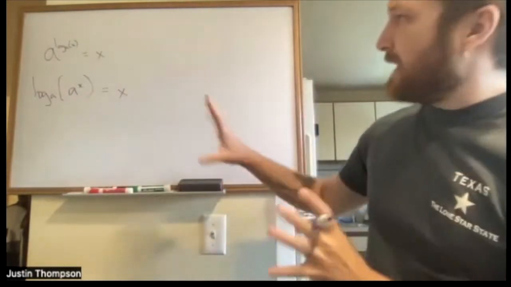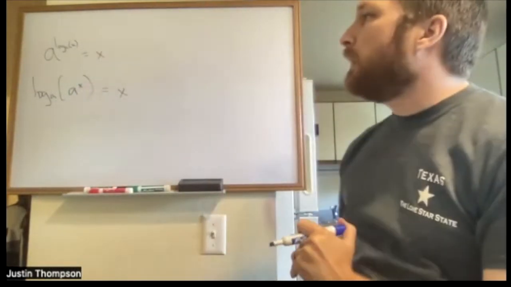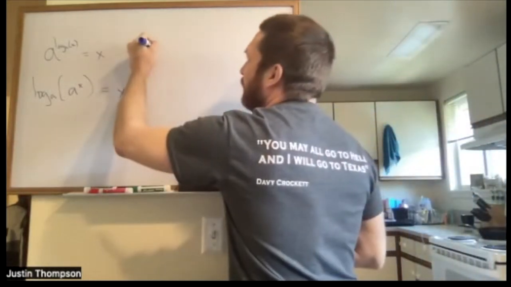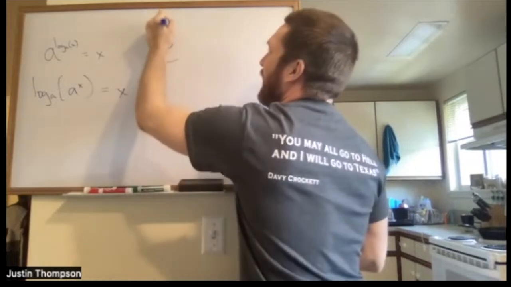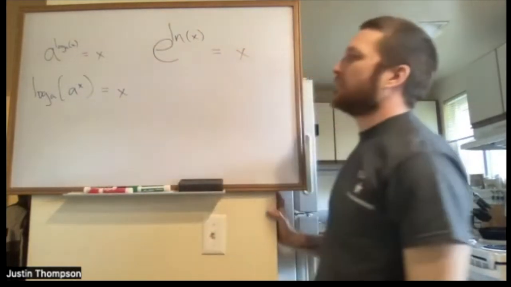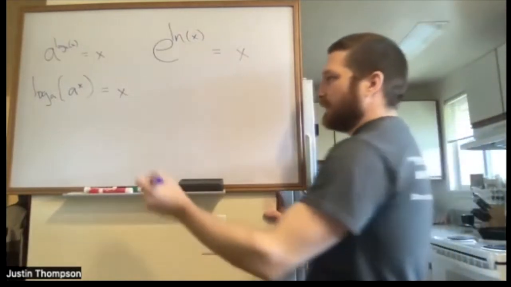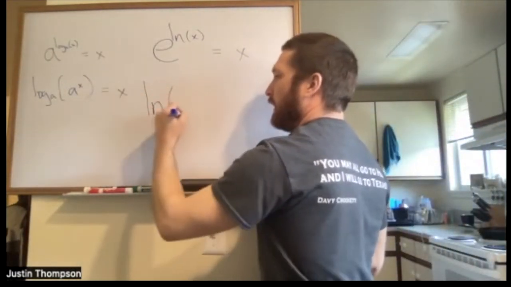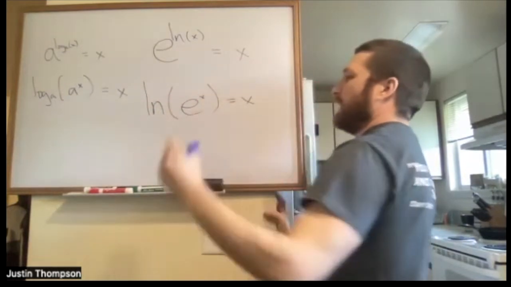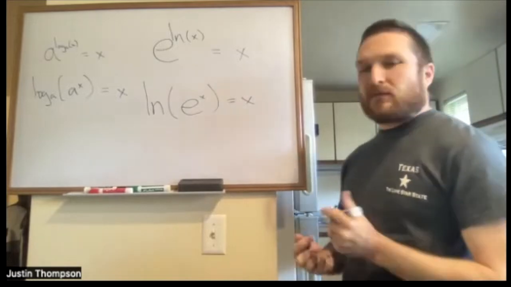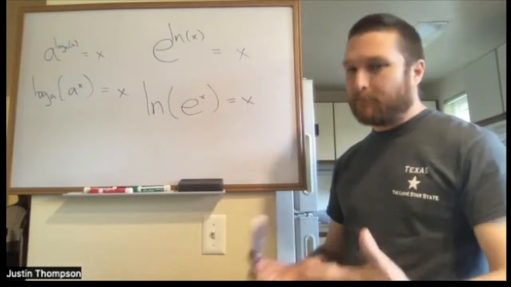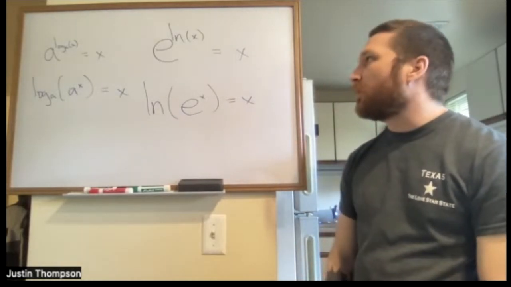That's log base A, and we're taking the exponential of A. So by analogy, if we do e to the natural log of X, that is the thing that gives you back X. Similarly, the natural log of e to any number X is the thing that gives you back X. This just comes from the definitions of exponentials and logs, and the natural log happens to be base e by definition.